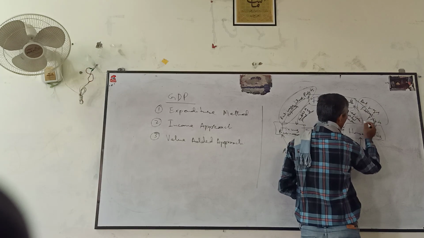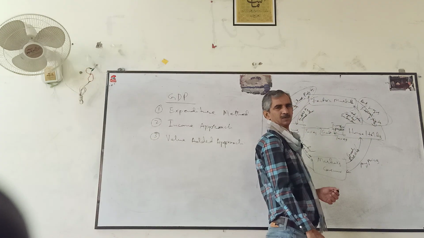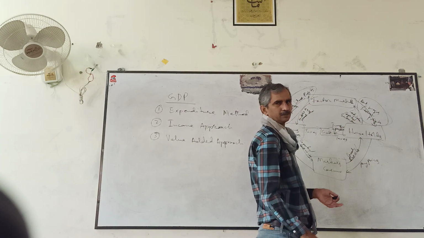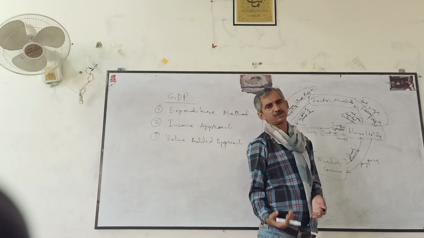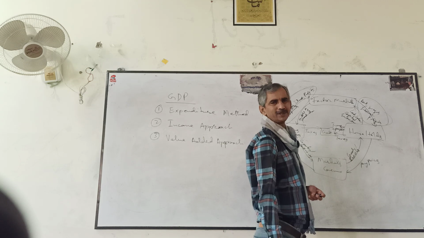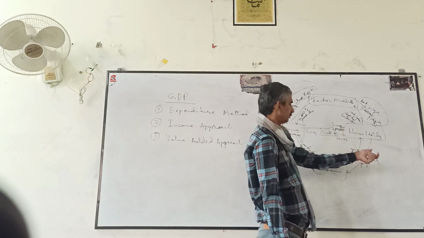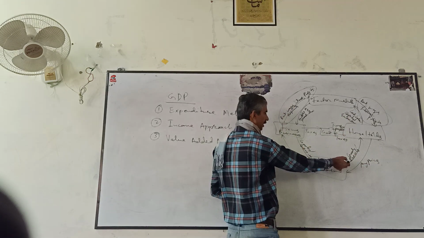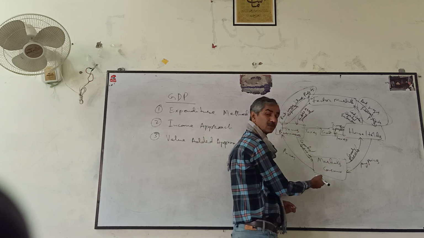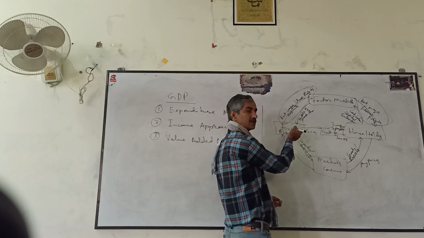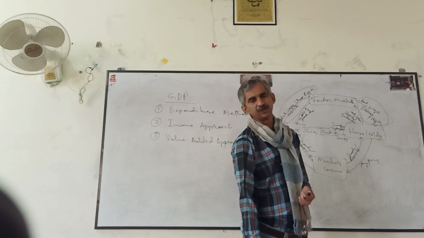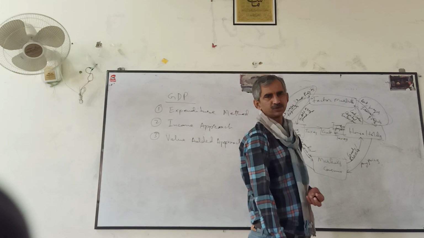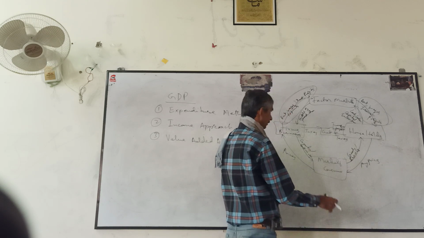On the other side, someone is receiving, meaning households are earning. So whatever is the expenditure, on the other side the same amount is treated as income. Again, if someone is spending to buy goods and services, the firms are receiving. What buyers are paying, the same amount is received by the sellers.